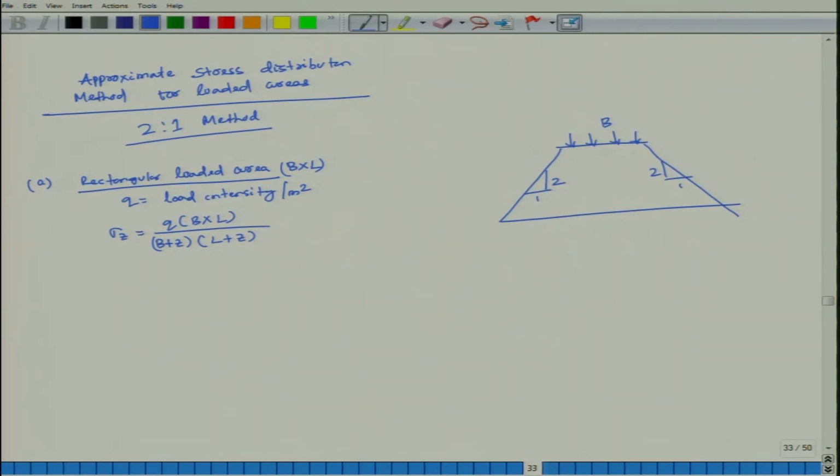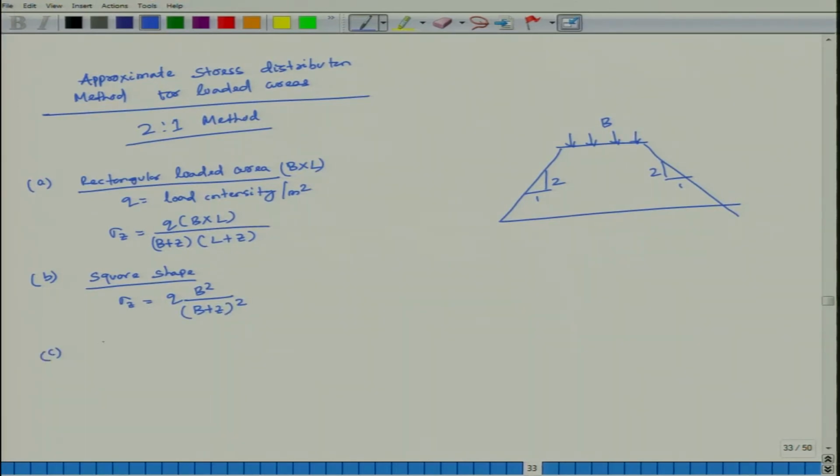Now, similarly for square shape, sigma Z is equal to Q into B square by (B plus Z) whole square.